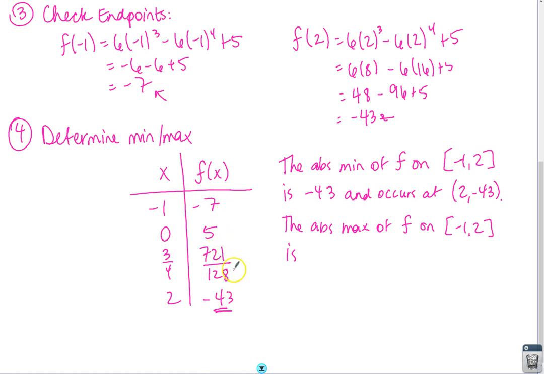I can pretty much determine that 128 will go into 721 more than 5 times. So I'm going to say that the absolute maximum is 721 over 128, and occurs at 3/4, 721 over 128. Boom, done.